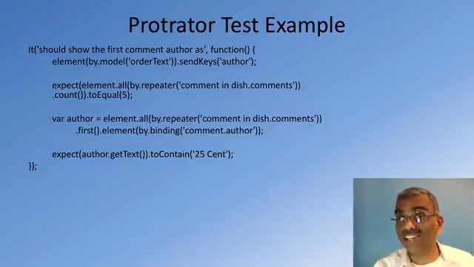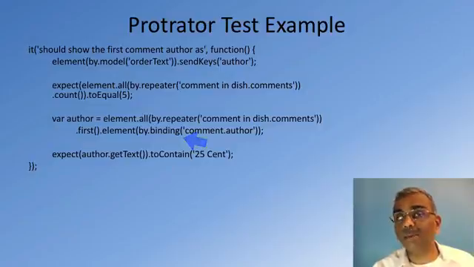Remember, the ng-repeat directive is taking comment in dish comments as the value or the parameter there. Then in the next line, you can see that I'm specifying dot first, so I am examining the first element in this repeated list. And then I am extracting by binding comment author.